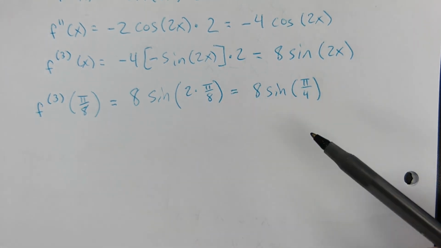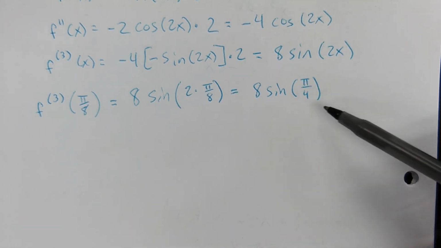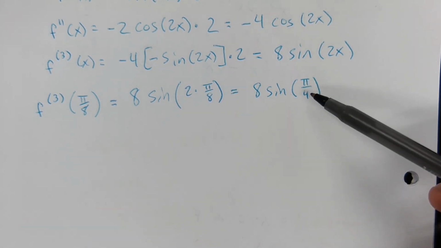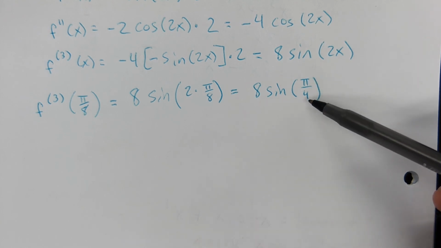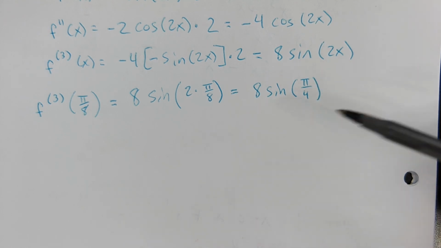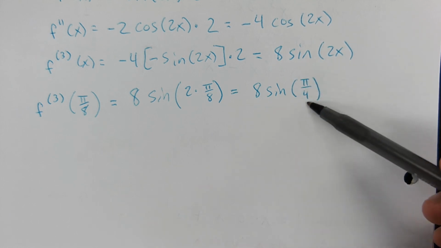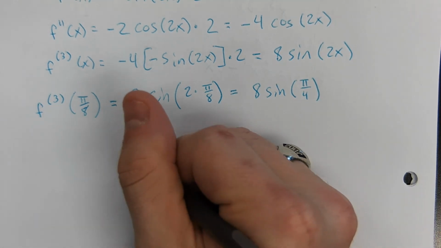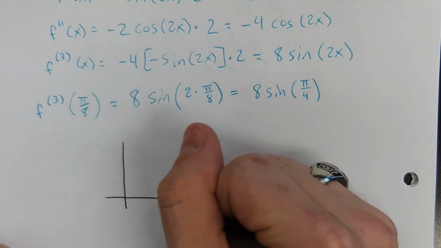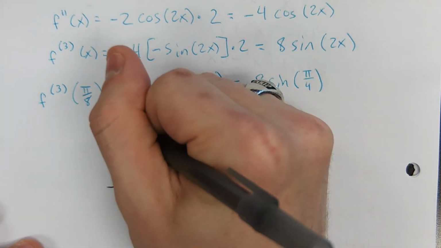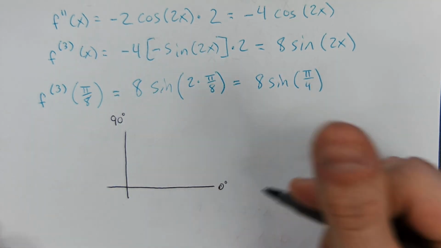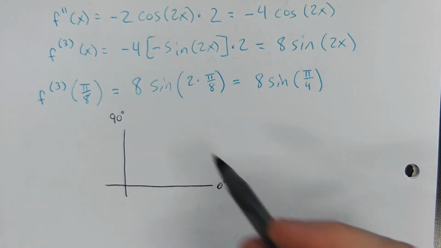Okay, so sine of pi over 4. Look, pi represents 180 degrees. 180 divided by 4 is 45. So this is a 45-degree angle. This is quadrant 1, beginning at 0 and going up to 90 degrees, which is also pi over 2.